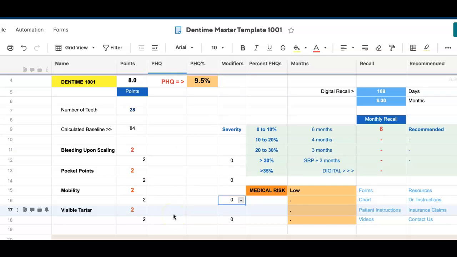In our practice, which is a very small, boutique office, we might be making somewhere in the neighborhood of $5,000 more per month. And the patients are very happy to come to us on a shorter recall because they don't want the medical risk. They do want to, in fact, control these variables.